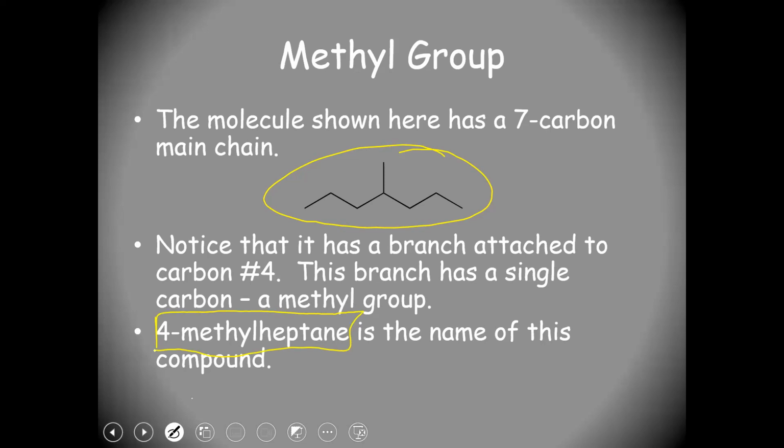Every vertex is a carbon. Every carbon contains hydrogen if no other element is shown. Every vertex is a carbon, and every carbon has hydrogen if no other element is shown.